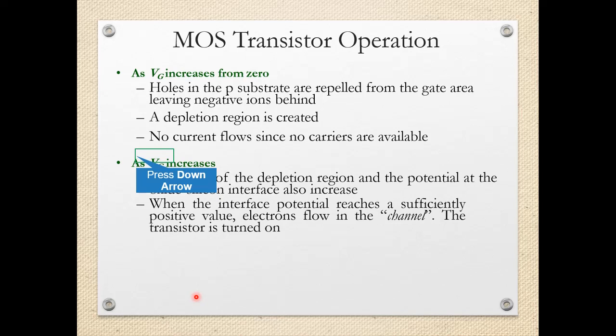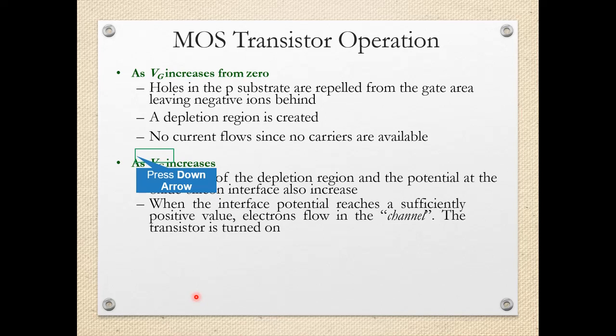Now as VGS is increased, the width of the depletion region and the potential at the oxide silicon interface also increase, and when the interface potential reaches a sufficiently positive value, electrons flow in the channel and the transistor is turned on.